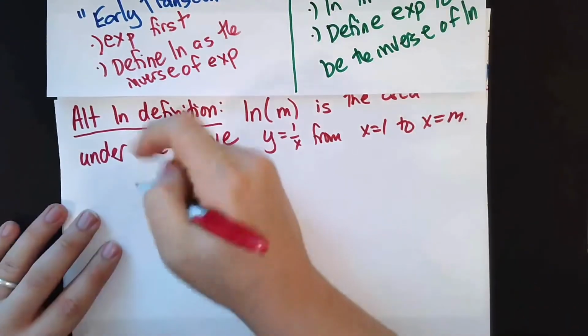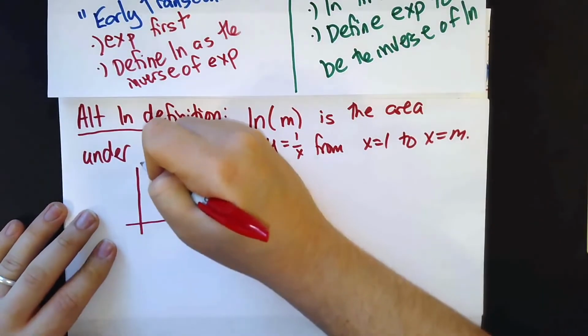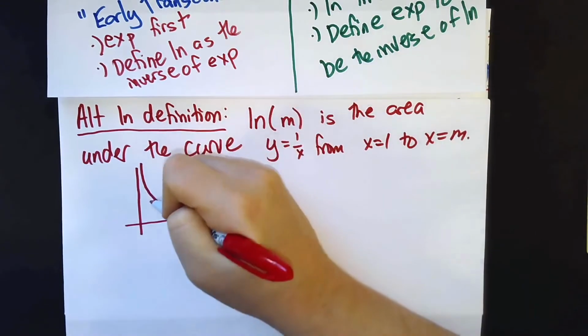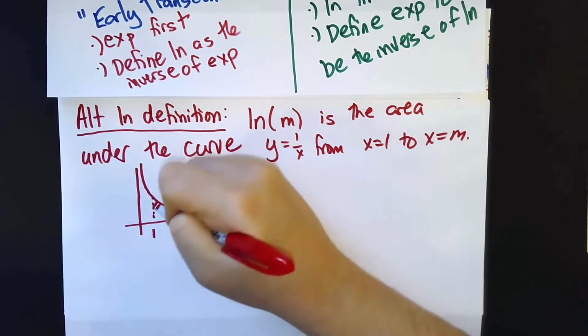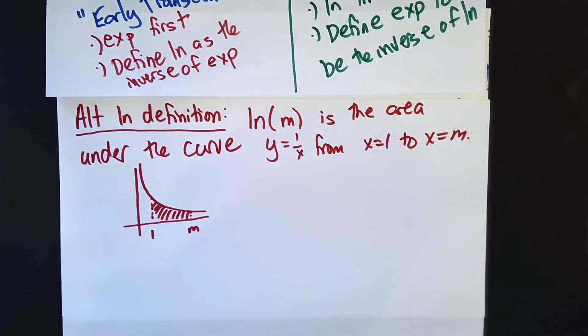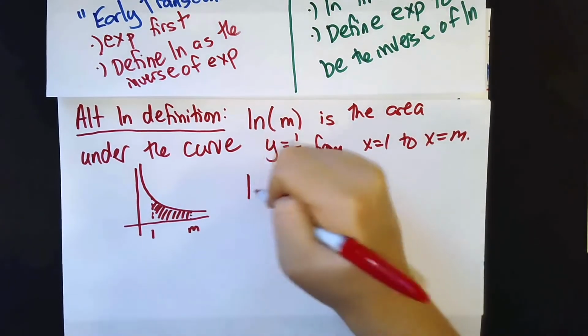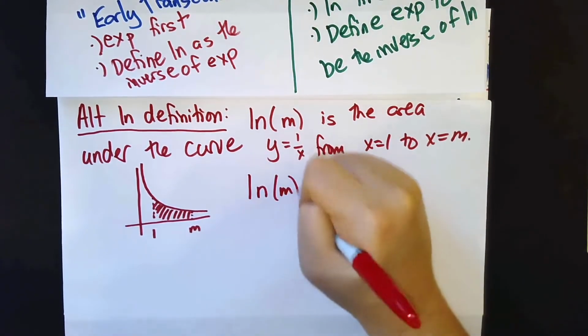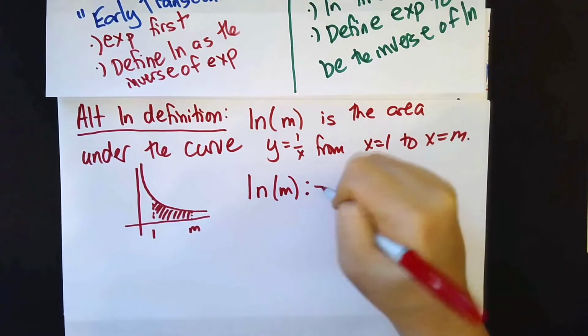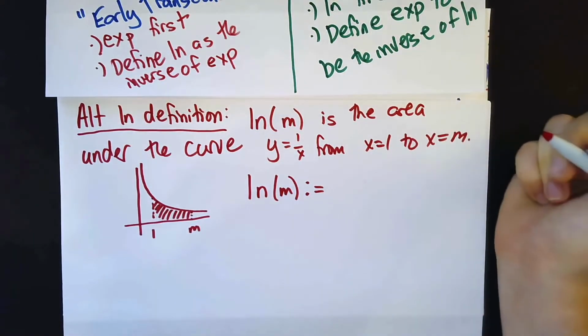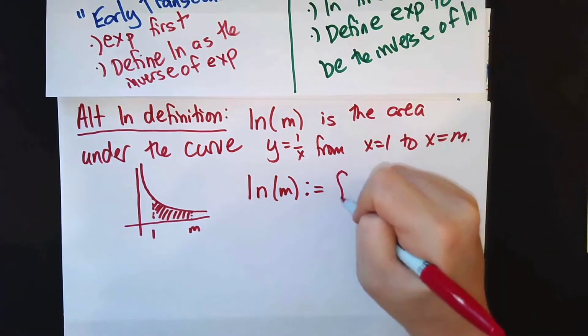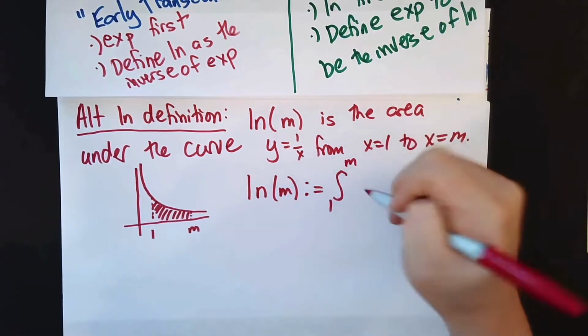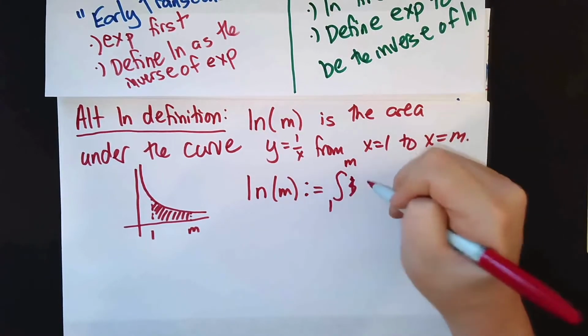So if you picture your favorite curve, 1 over x, take 1 here, take m over here, and then it's this area. And so if you think about that, what that's really saying is that log of m is, under this view, being defined to be equal to the integral from 1 to m of 1 over t dt.